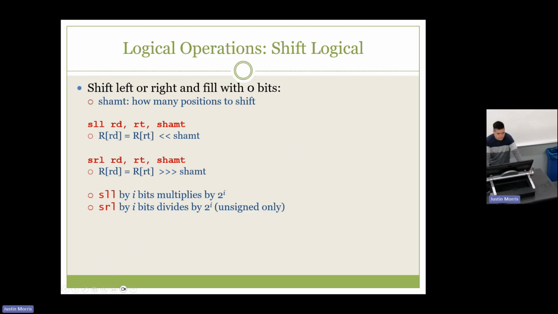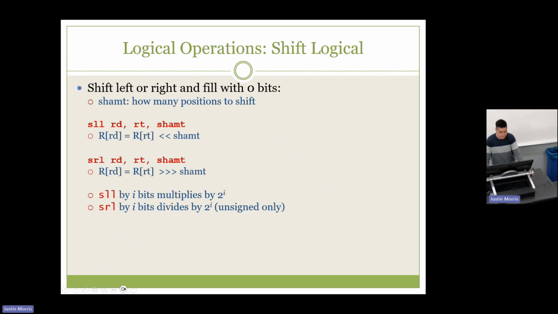So if we shift left, we basically are multiplying, right? If we shift left by 2, we're multiplying by 4. If we shift left by 3, we're multiplying by 8. But that's not always the case, right? If we're shifting out zeros, then yes, it's the case. But if we're shifting out ones, then our number is most likely going to be kind of small.